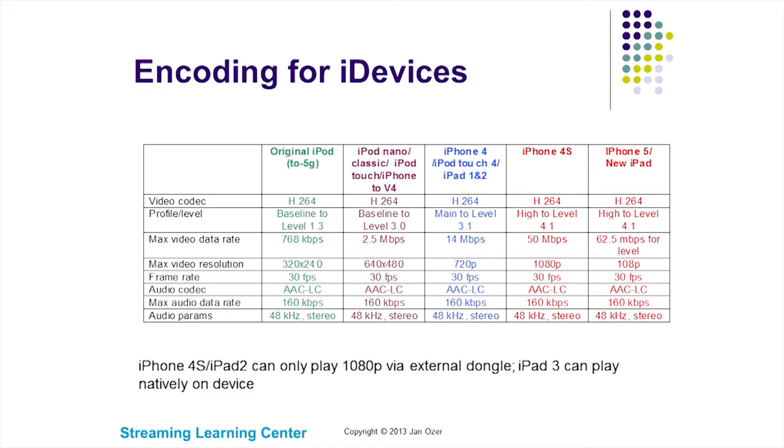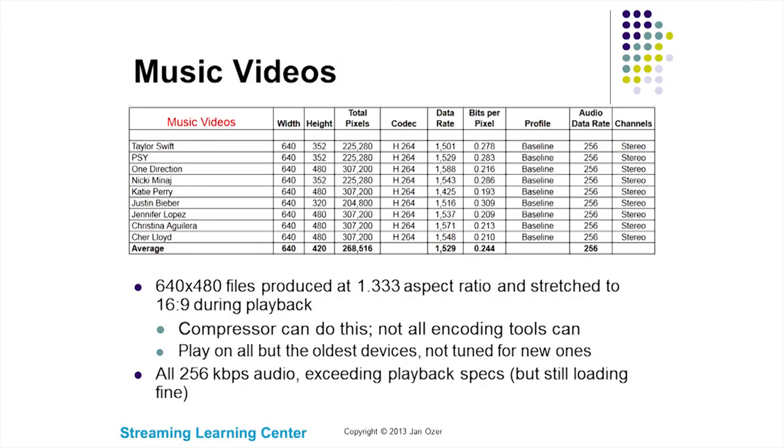But if you look at the device specs for the audio that comes with the video, it's all 160 kilobits per second. Every music video was produced at 256 kilobits per second. So even though it was exceeding the spec of those devices, they produced at higher quality and they all played, right? So there were no problems with producing at 256 kilobits per second.